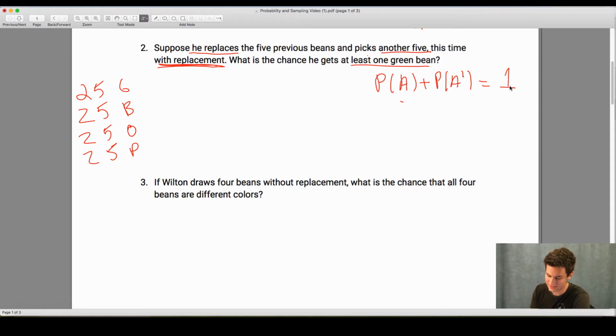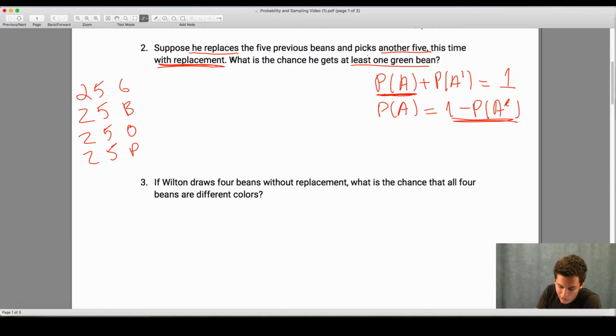And I know that the sum of these two probabilities always needs to be 1. So now, if this is what I'm trying to calculate, I can either go for it and calculate it directly, or I can try to calculate this quantity here, which we refer to as the complement event, the complement of A.